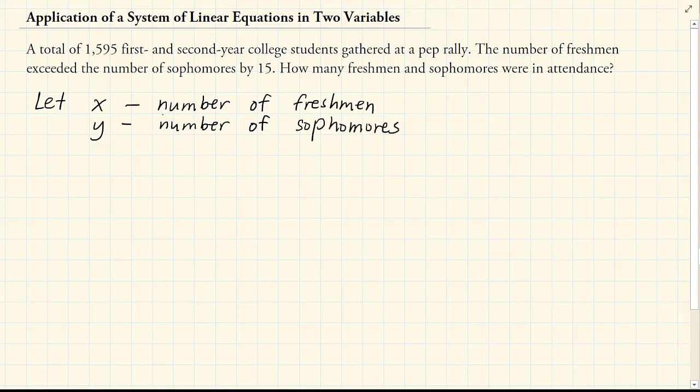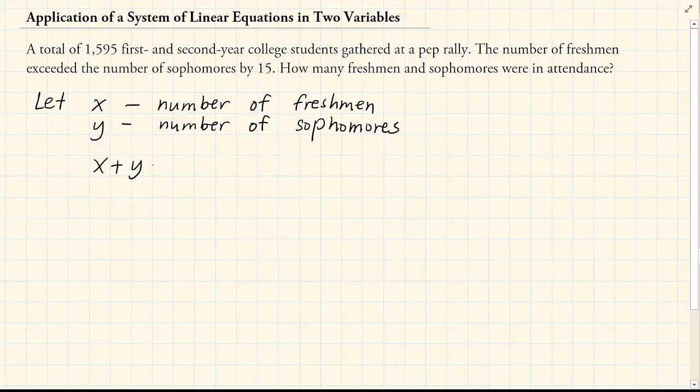Okay, so let us formulate our equation based from the statements. Okay, ang sabi dito, a total of 1,595 students. So, ibig sabihin, if we add the number of first year college and second year college students, the sum should be equal to 1,595. So, that's our first equation.